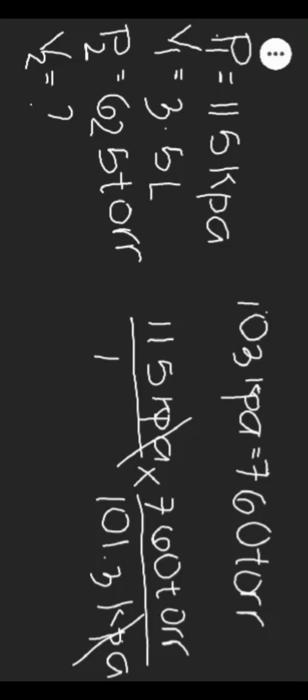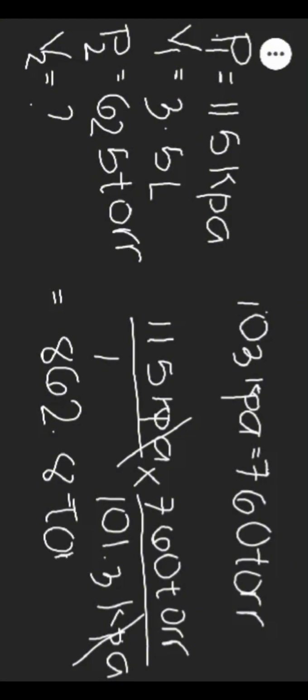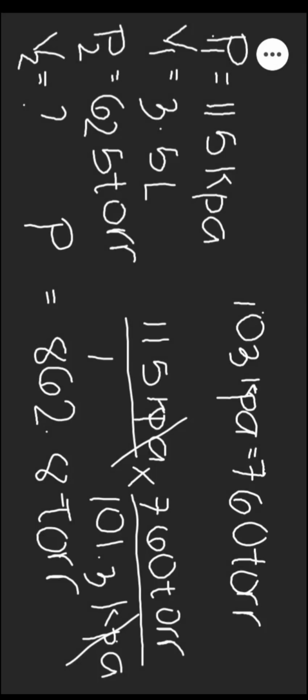And I'm going to put 760 torr on top. So 115 over 1 times 760 torr over 101.3 kPa. So this is equal to 862.8 torr. So that's for P sub 1. Now, these two units match.